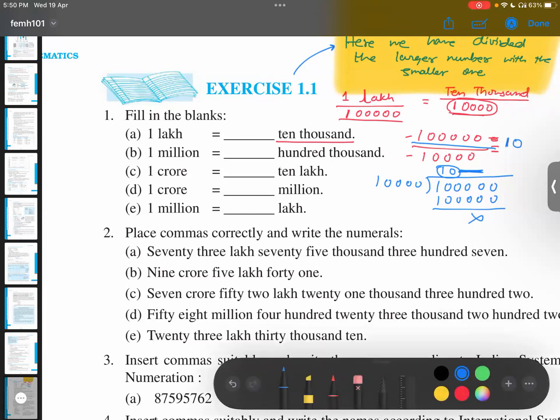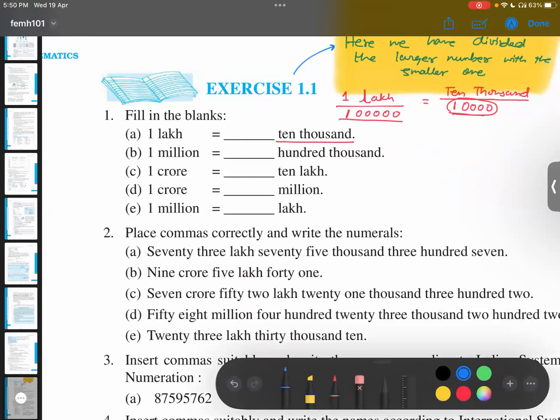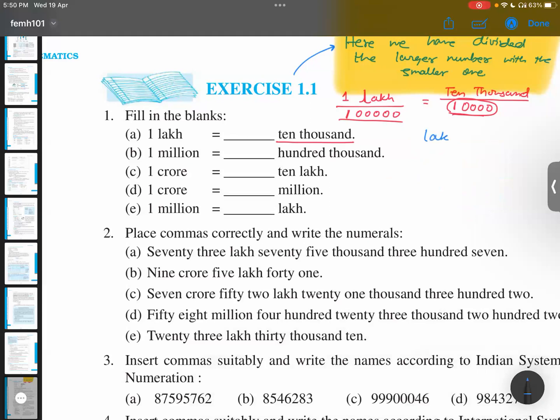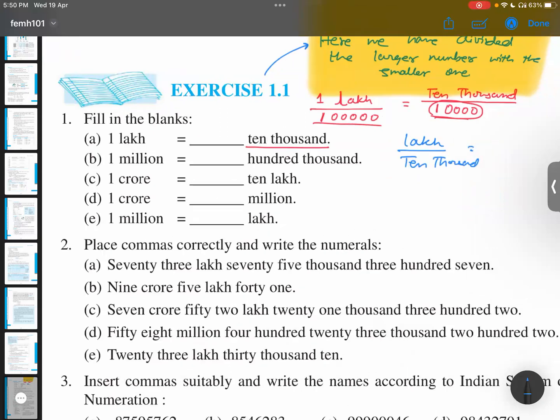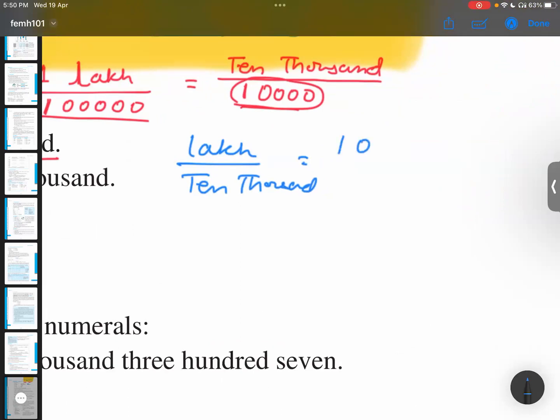These are the basic rules of division. Let me again tell you what we actually did here. We simply divided lakh by 10,000. How many zeros are in 1 lakh? There are five: 1, 2, 3, 4, and 5.